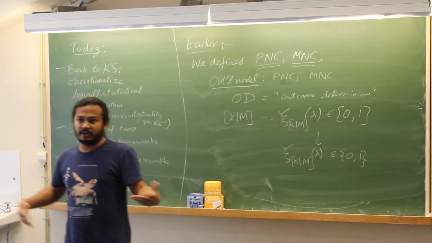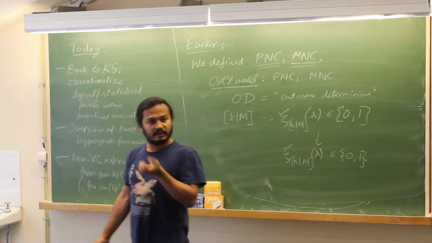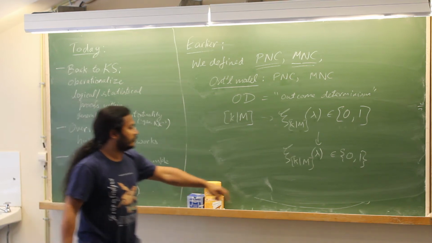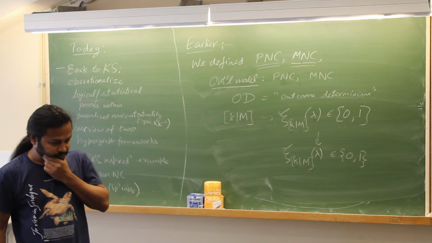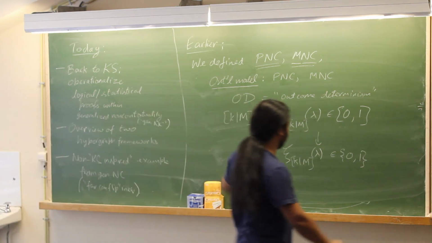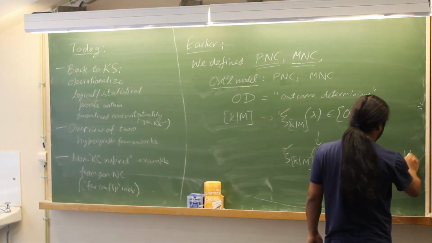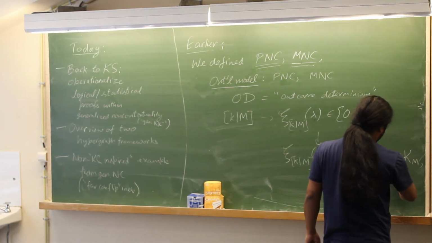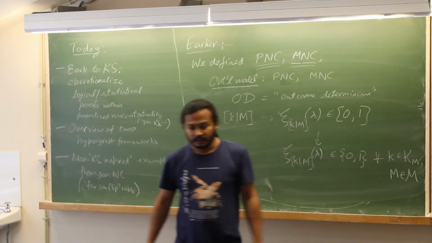Okay. So outcome deterministic in the sense that given lambda, your outcome is determined by lambda and, of course, the specification of the measurement. So that's what I will mean when I say outcome determinism. And this is true for all effects in the theory, so for all outcomes of a given measurement and for all measurements in the operational theory.